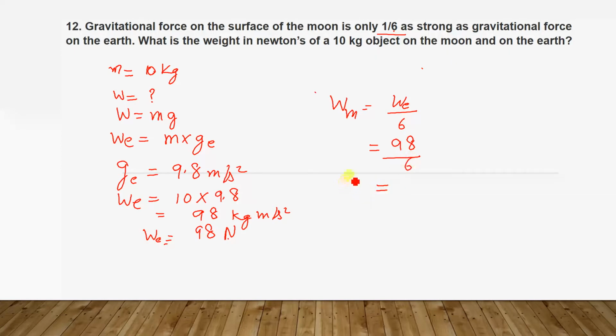That's the value of the weight of the object on the moon. If you divide 98 by 6, it is going to be 16.3 Newton. I hope it's clear. Okay dear, let's move to the next question.